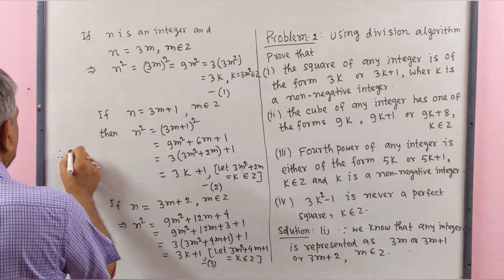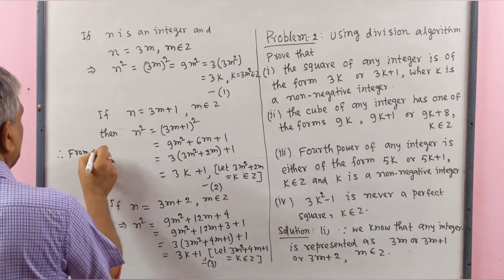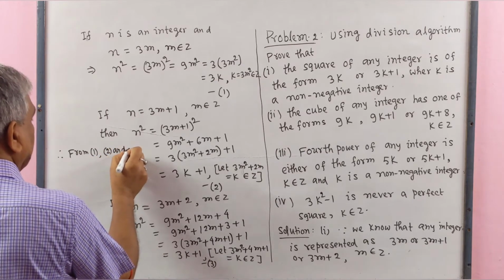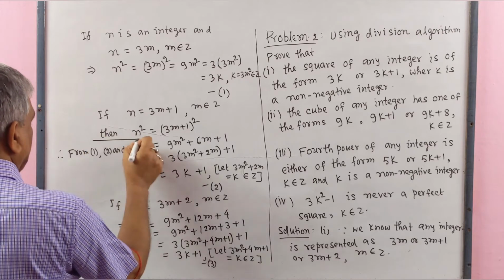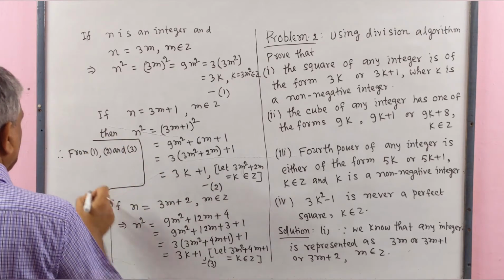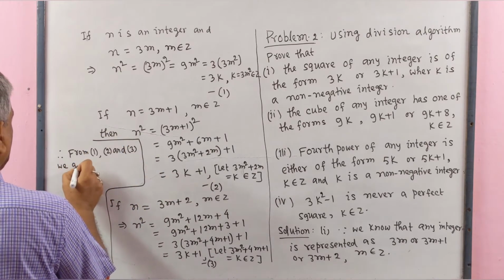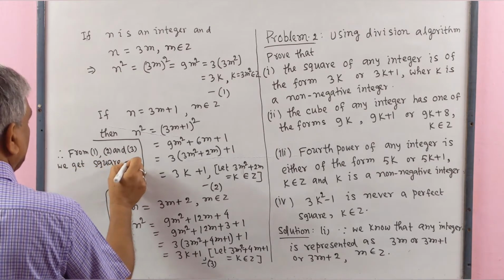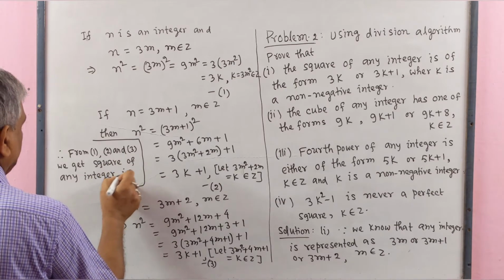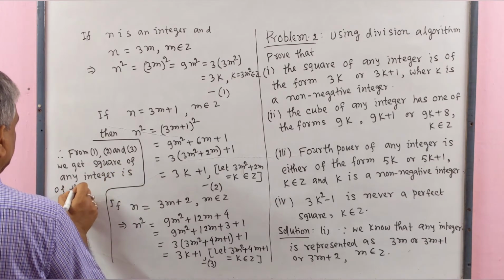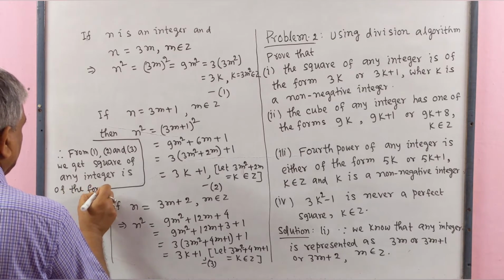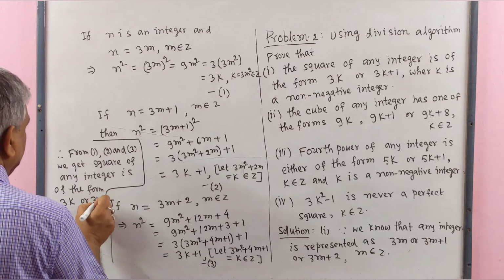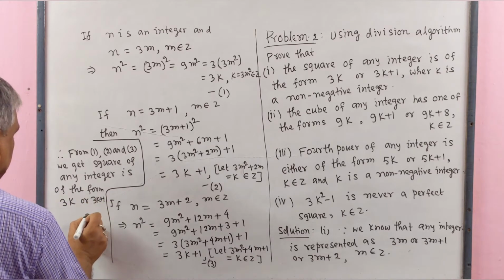Therefore, from 1, 2 and 3 we get square of any integer is of the form 3k or 3k plus 1. Proved.